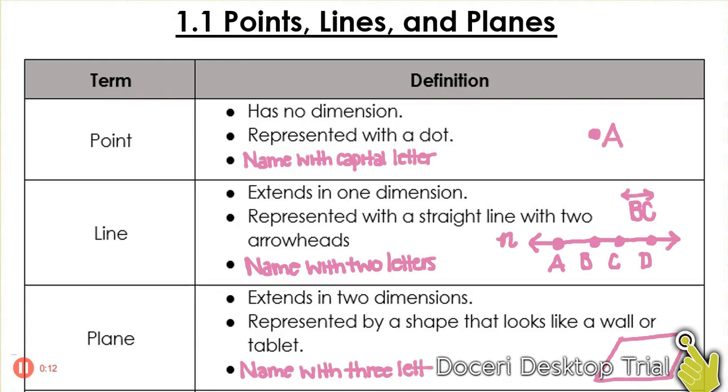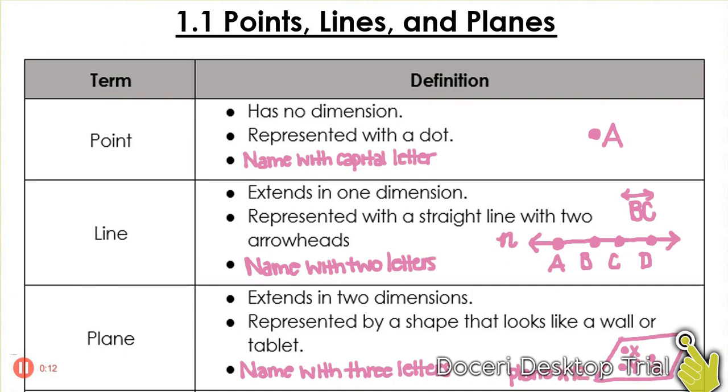They have to be inside or on the plane. So if we have point X, point Y, and point Z that are all in this plane, then we would name this plane, and we don't really have a symbol for plane, so we just say plane XYZ.